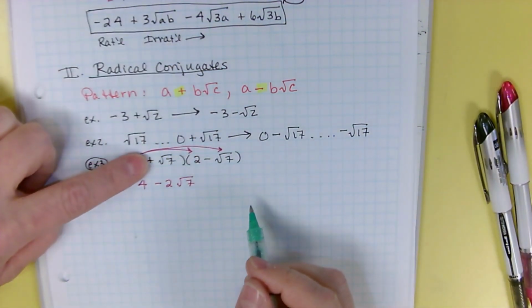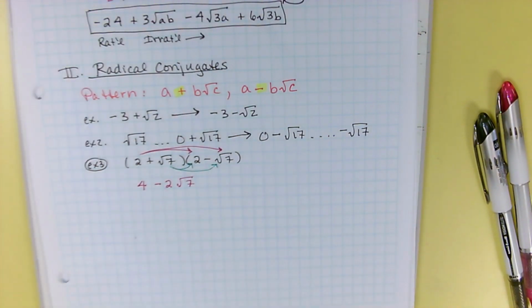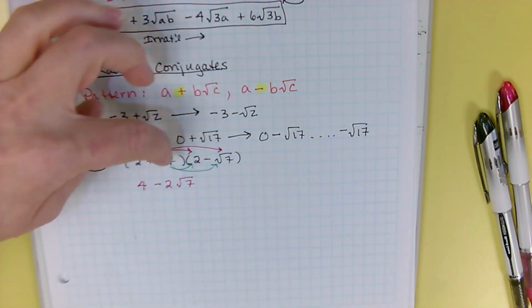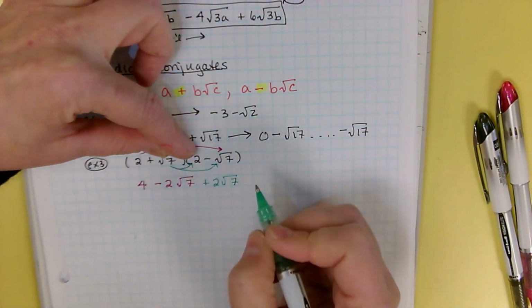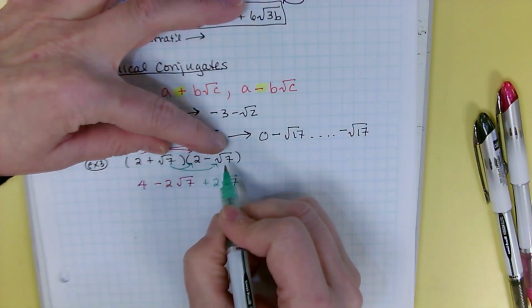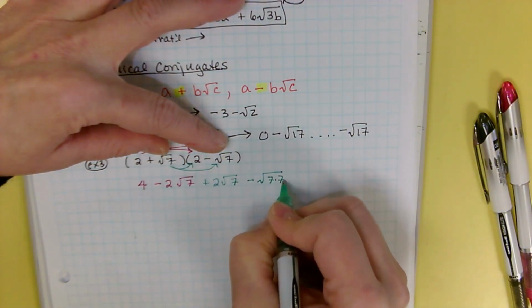Now we take the radical 7 and distribute through the second parentheses. Radical 7 times 2 is positive 2 radical 7, and positive radical 7 times negative radical 7 is negative radical 7 times 7.